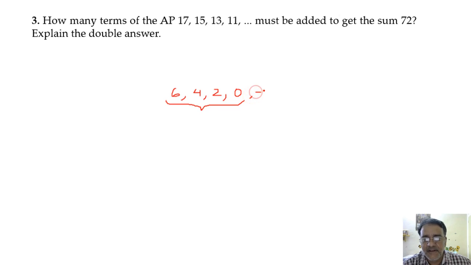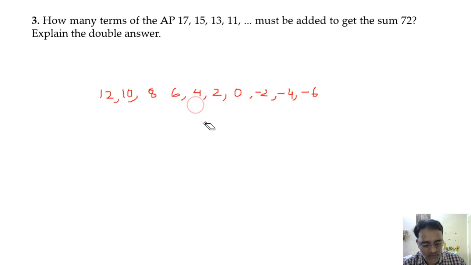Fine. Then minus 2, minus 4, minus 6, here we have 8, 10 and 12. Okay, now what is the sum of all these numbers? 22. 22, right. So how are you getting 22?